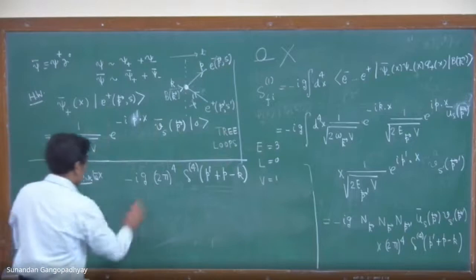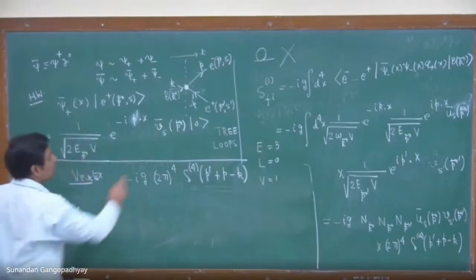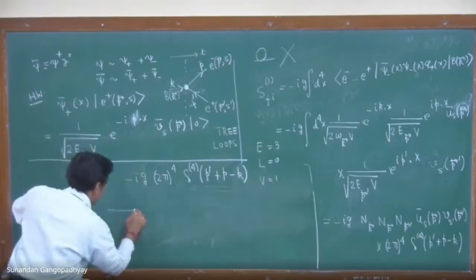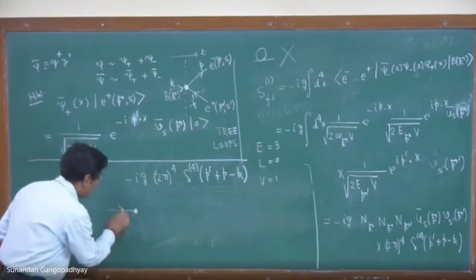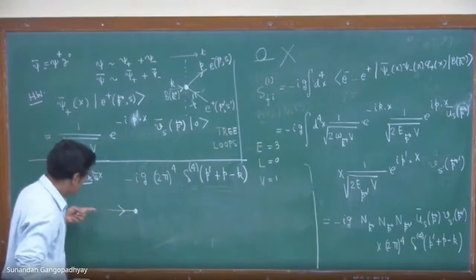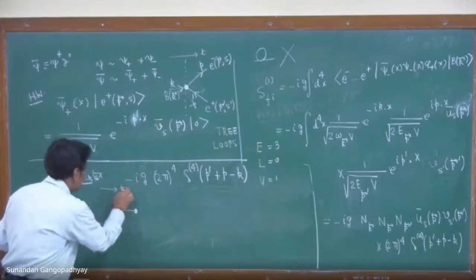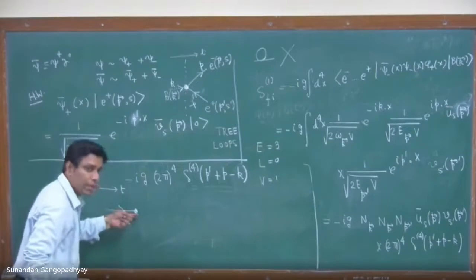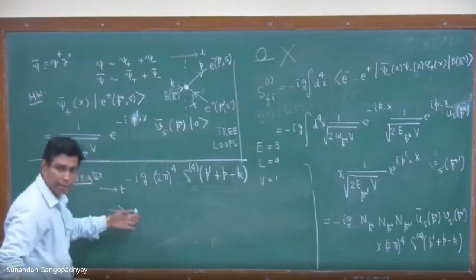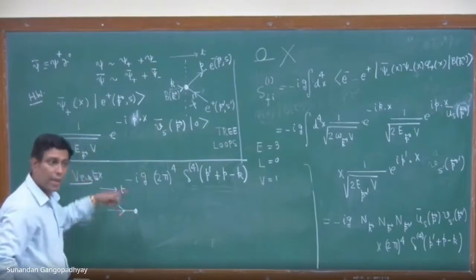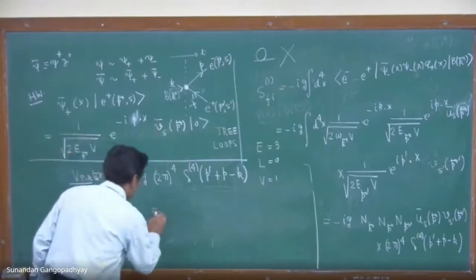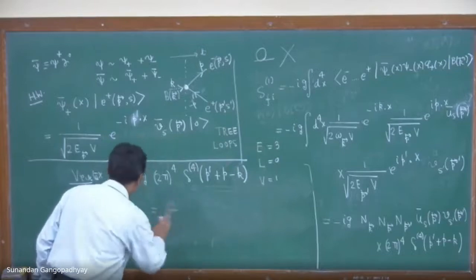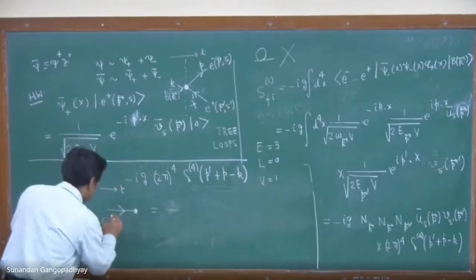The rule for the vertex is this. External lines, so we have to be careful here. Suppose an electron is coming, so this is the direction of flow of time, and it is falling into this vertex from the left hand side to the right. So it means the electron is getting annihilated at the vertex, right? For that, this will correspond to a factor, and suppose this electron has momentum p and spin s.